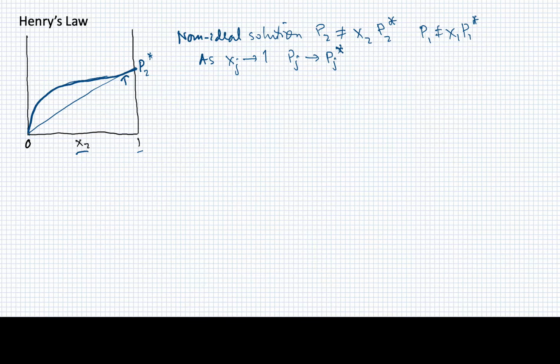Okay. So as x goes to 0, however, something different happens. In that case, we still have roughly linear behavior, and I'll draw this in red to emphasize it. We still see roughly linear behavior like this, but it's no longer commensurate with the variation that we would have seen with the vapor pressure of the pure substance.